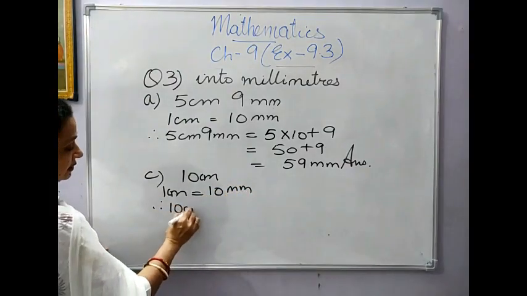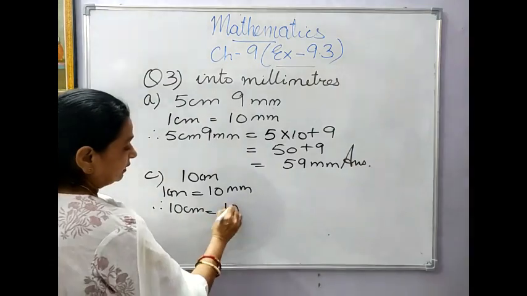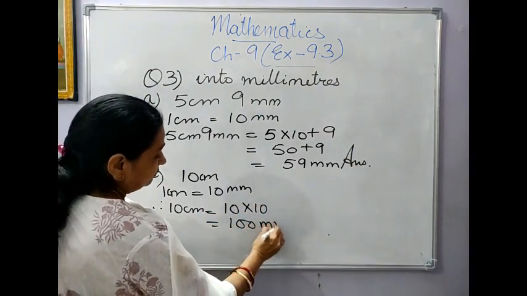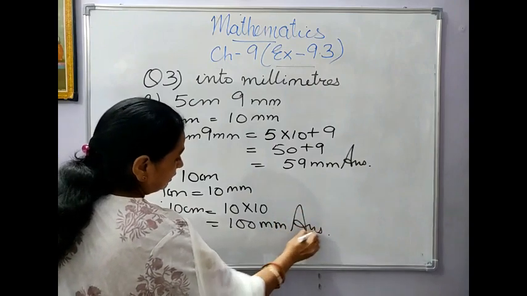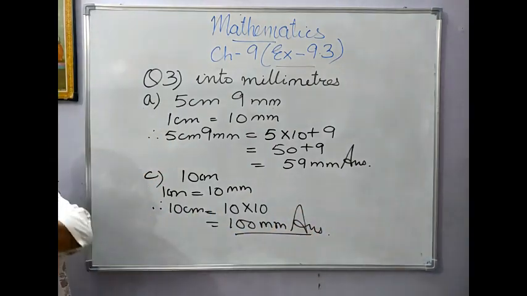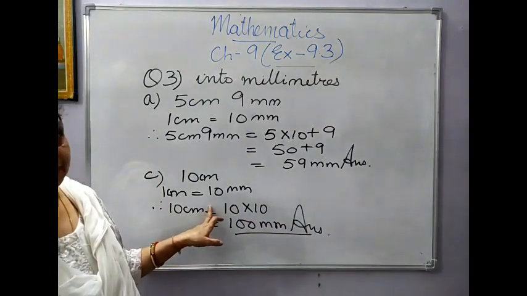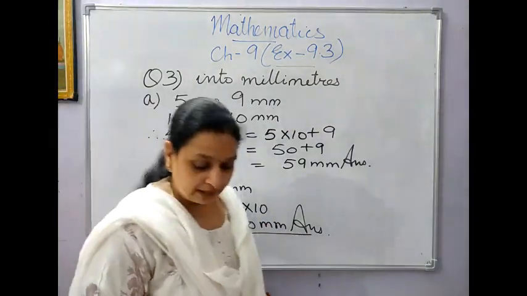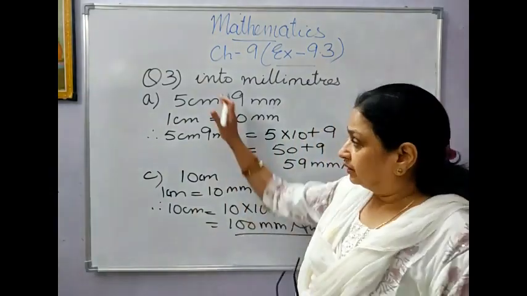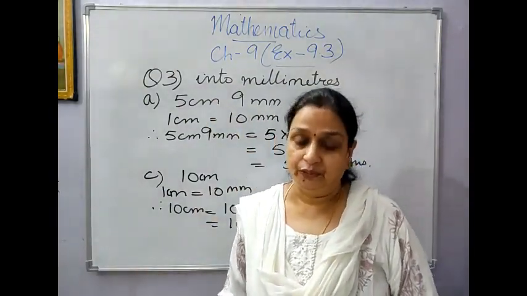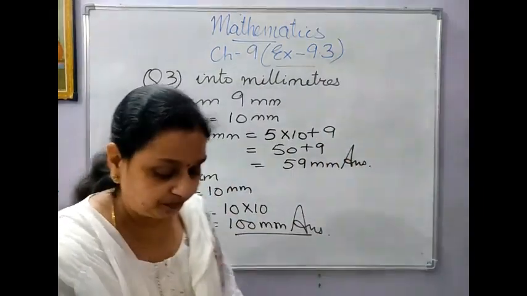Therefore, 10 centimeter will be equals to 10 into 10 is equals to 100 millimeter is your answer. Sum number B is similar to this. So you have to practice sum number B and D. The method I have shown over here, in the same method you have to do. Okay, have a look.